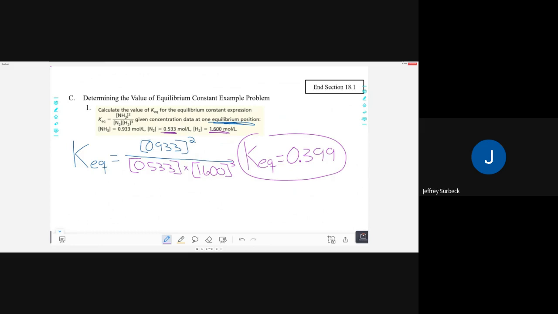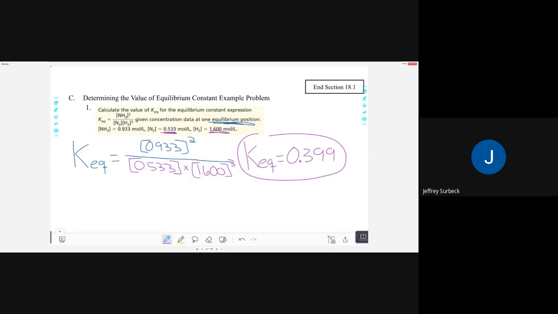If it's less than 1, between 0 and 1, reactants. More than 1, products. Just think about it: you had 0.933 squared, which actually gets smaller, and then 0.533 times 1.6 to the third, which is a lot bigger number on the bottom. There's a lot more of this stuff on the bottom than on top.